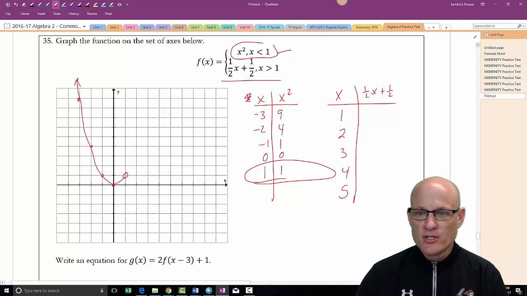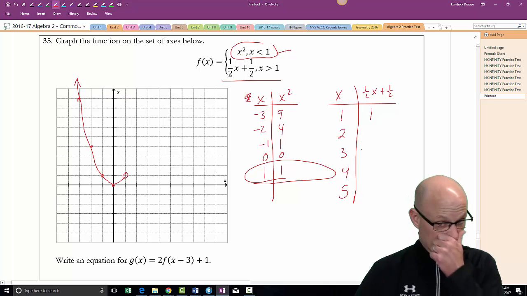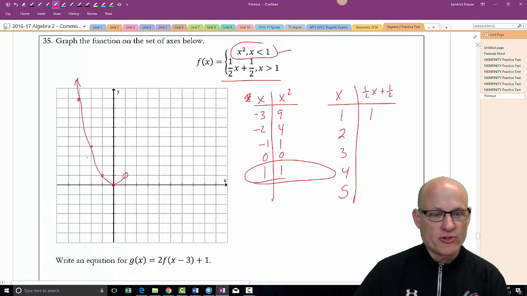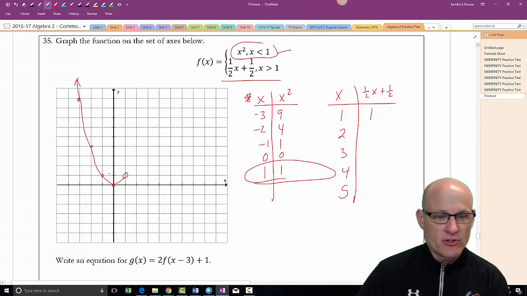If I plug in 1, I get 1. If I plug in 2, I get something annoying. If I plug in 3, we could just do this on our calculator. Quite honestly, here's what I would do on this one: I would just put the y-intercept here, go up 1 over 2, up 1 over 2, up 1 over 2, and be done with it.